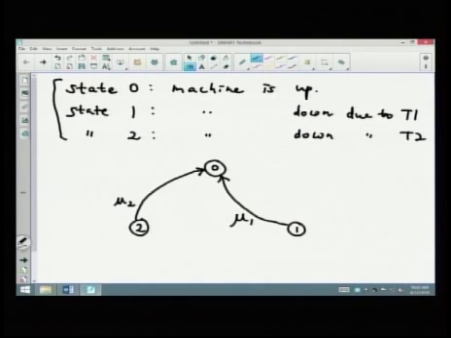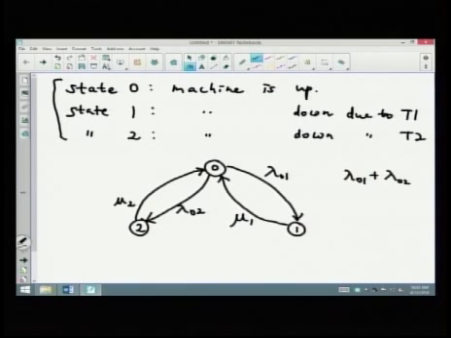Then how do we handle the failure rate? It does say lambda would be the failure rate. So if I break it down into lambda 0,1 and lambda 0,2, would those be equal to lambda?